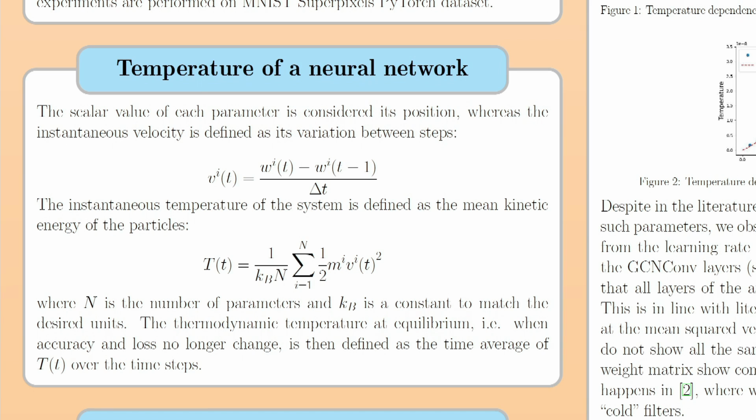In our experiments in this article, we consider the difference of the value of the parameter between epochs, and the value of the parameter is just considered as the position of this particle in the analogy. The instantaneous temperature is defined as the mean kinetic energy of the parameters, simply setting the mass to 1.